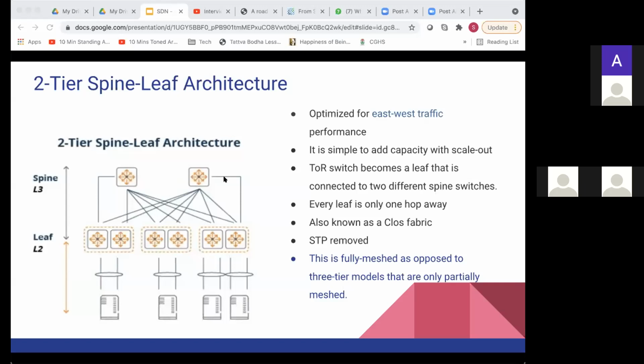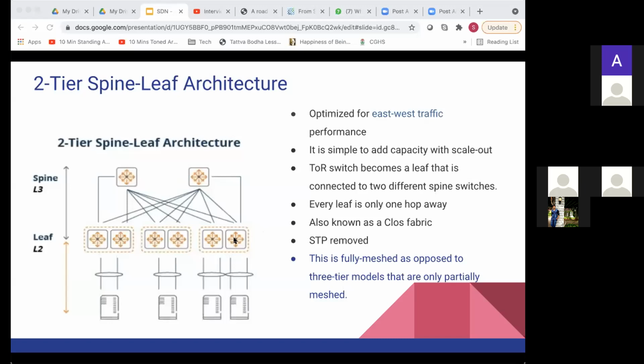So in this model, there were two advantages. You removed one layer, an expensive chassis-based layer. You just have the access switches, and finally the spine switches, which is the backbone. So it was pretty much like a chassis. The spine was the back end, and the access switches or top of rack switches were the line cards.